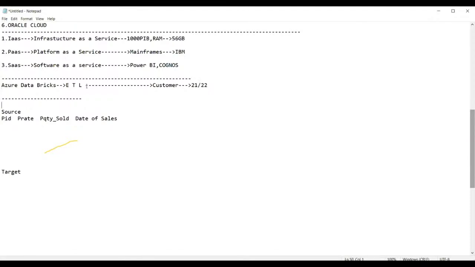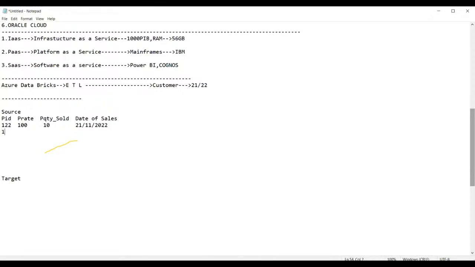So guys, to report this query to the customer, what do you require? You require the source, consisting of the following information: product ID, product rate, product quantity sold, date of sales. Let us give the product rate as 100 rupees, quantity sold 10, and date of sales 21/11/2022. Then another product with rate 200, quantity sold 05, date 21/11/2022.